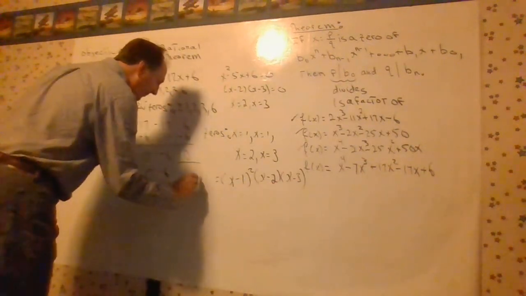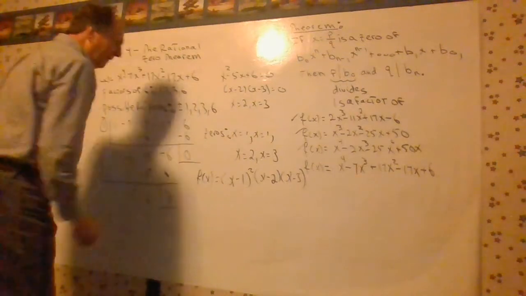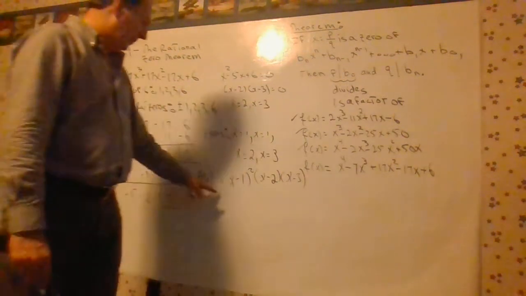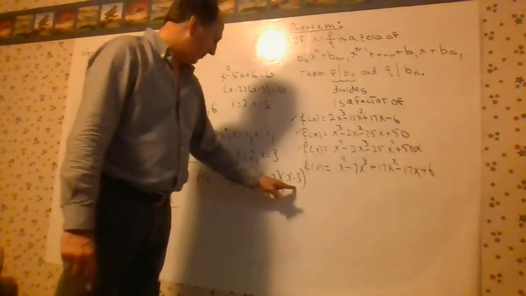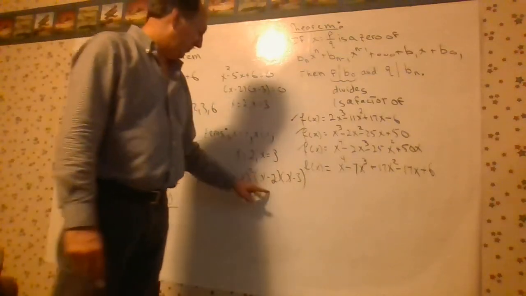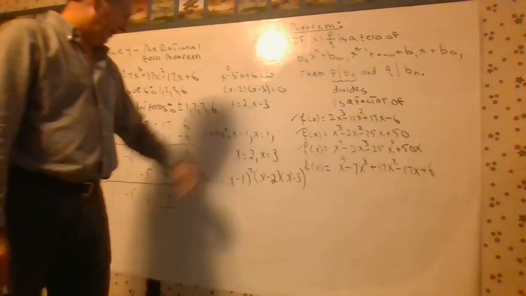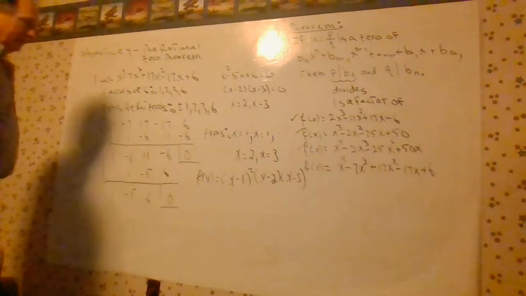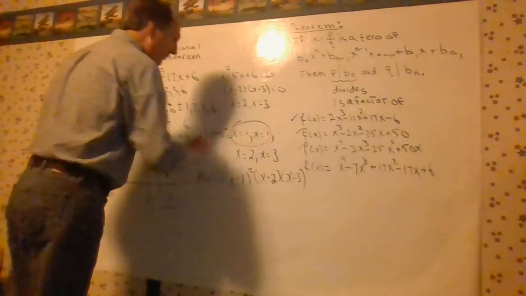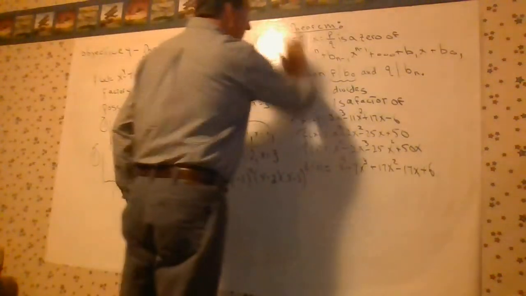And this is equal to f of x. Very easy to graph. We have zeros at 1, 2, and 3. It goes right through at 2 and 3, and it goes parabolic at x equals 1.